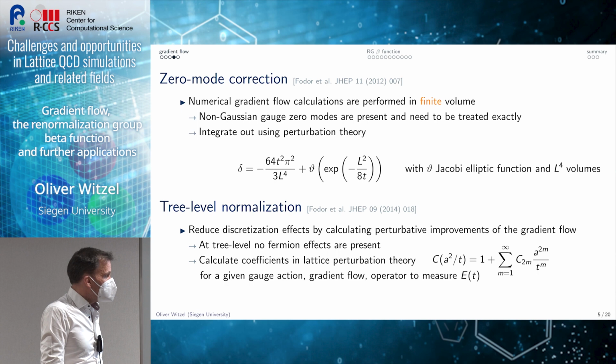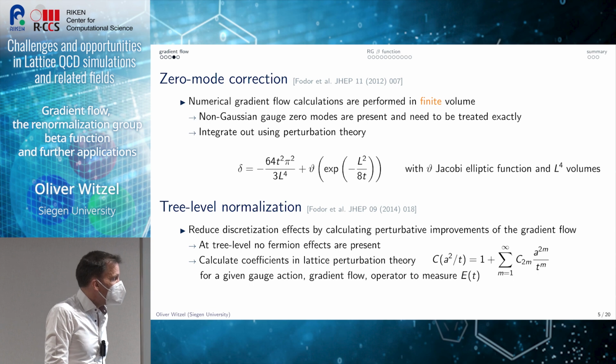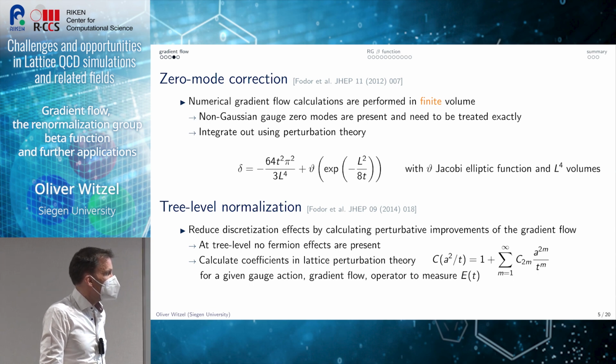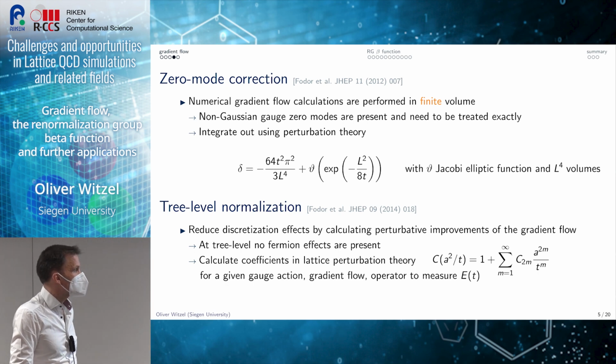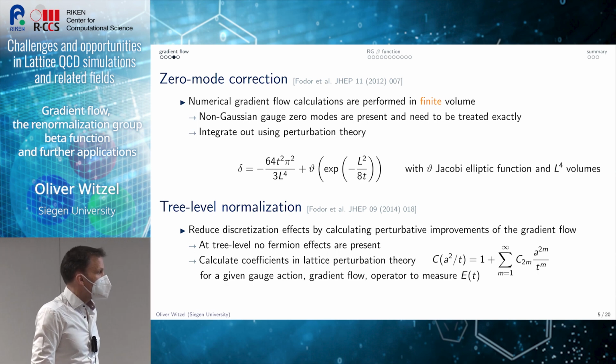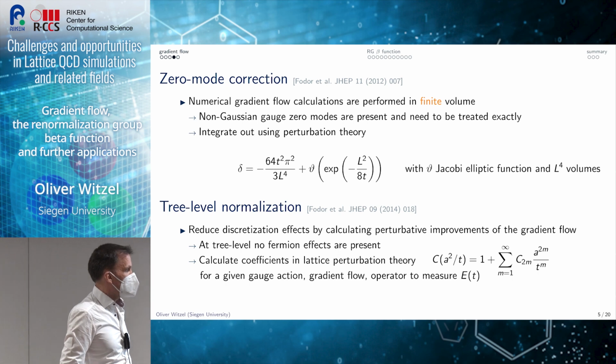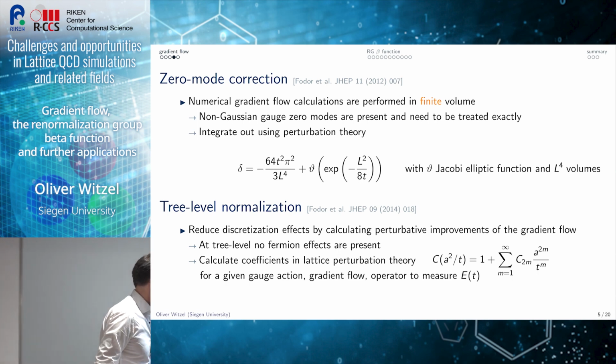And then you can calculate the corresponding coefficients to further reduce discretization effects. And you need to calculate these coefficients here using lattice perturbation theory. And you need to say which gauge action, which gradient flow, and which operator you use to determine then the energy density.